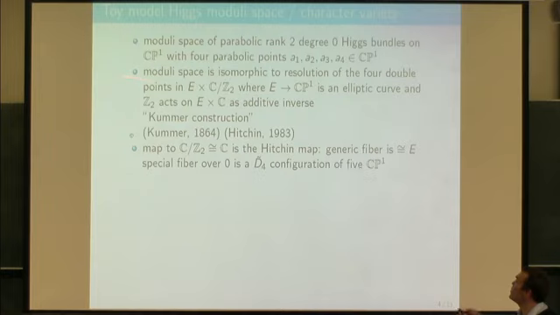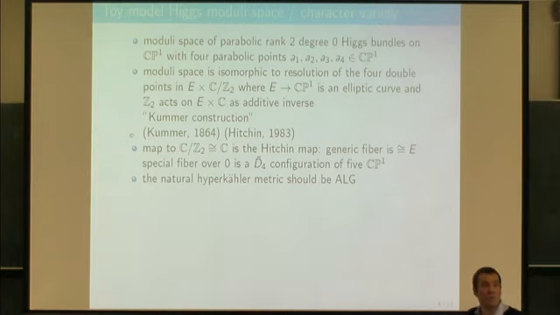You blow those 4 points up, you see a configuration of the D4 affine Dynkin diagram, and that's somehow the 0 fiber, and then all of the fibers are elliptic curves. And so, as I claim here, this metric, morally speaking, should be asymptotically an ALG metric. And we saw that it's non-trivial really to prove this.